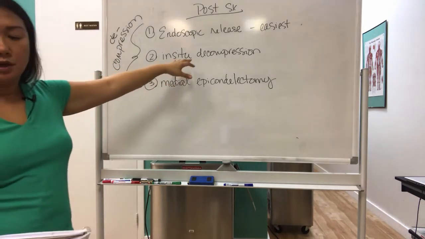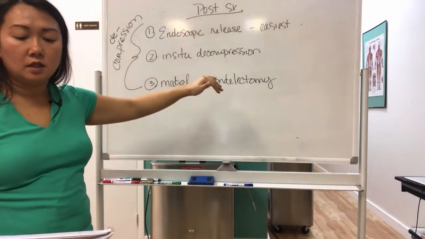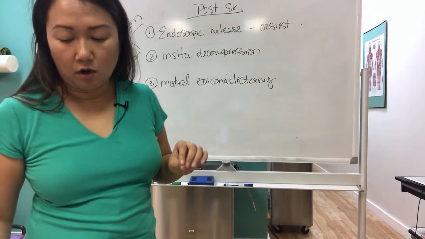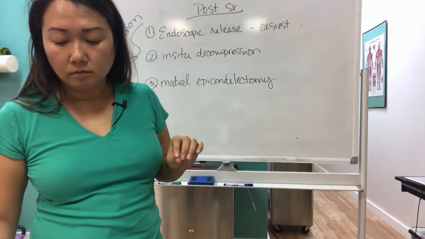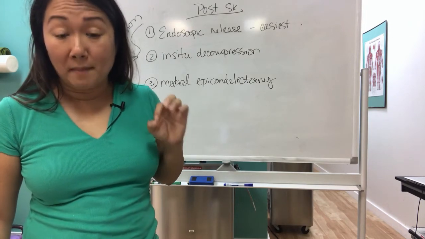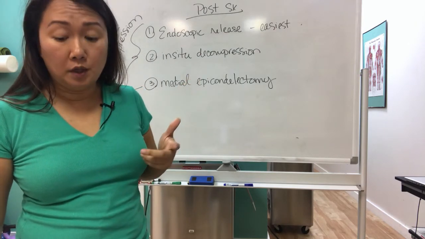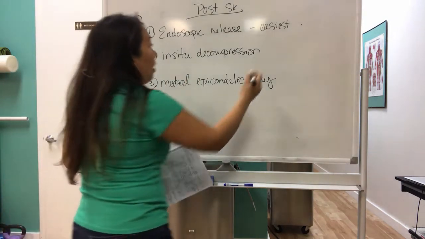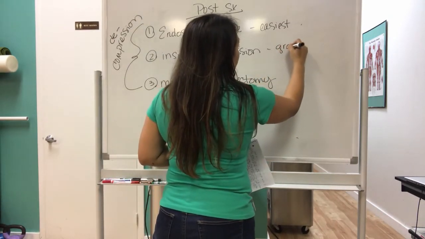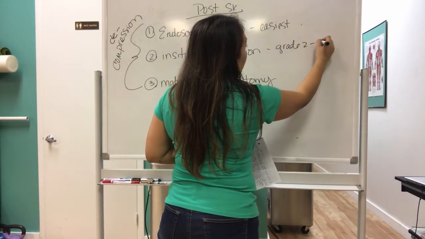And then you have this compression. They cut to release the arcuate ligament. It's good for those with mild weakness. Do we talk about grades 1, 2, and 3? Here it will probably be at least grade 2 and 3.